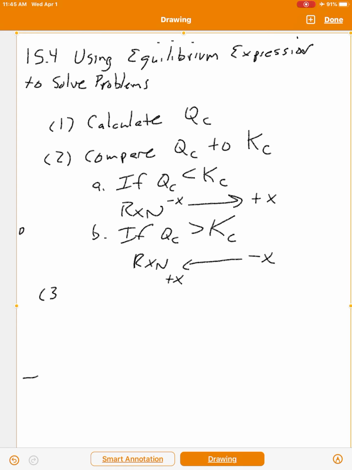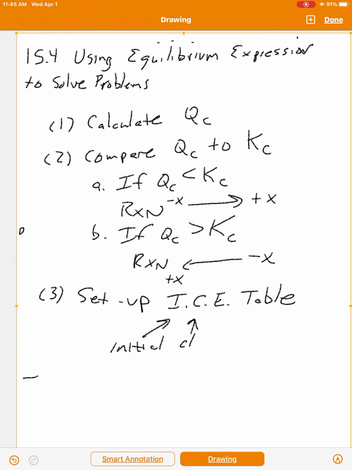So once you figure that out, you set up the ICE table: initial, change, equilibrium. Okay, so you can have plus x's and minus x's. Remember, the coefficients get dropped down too.